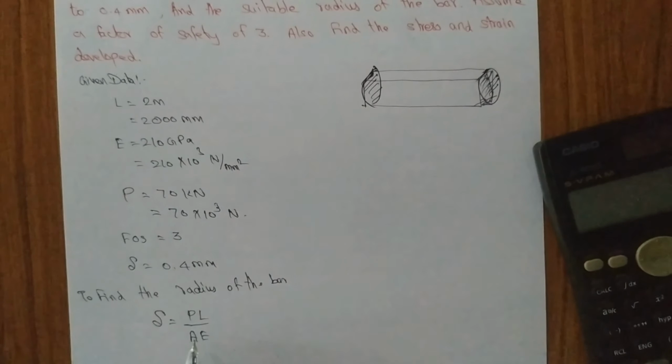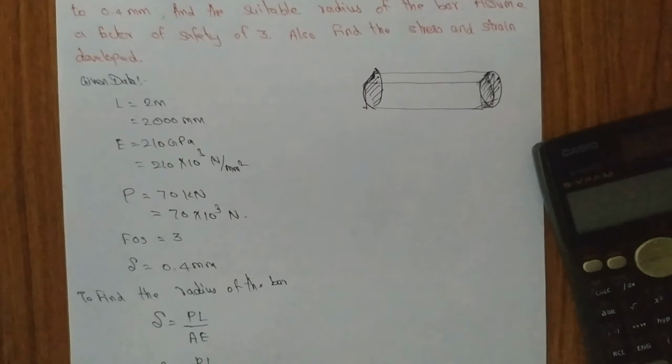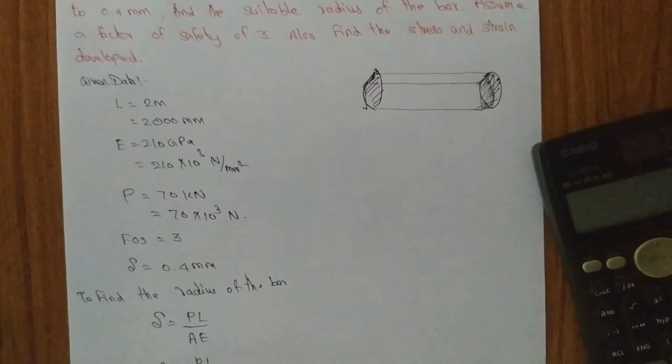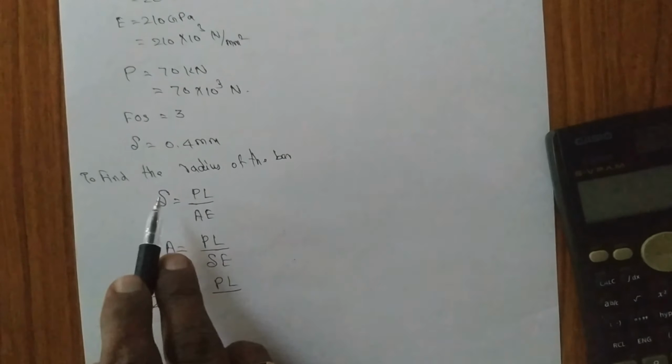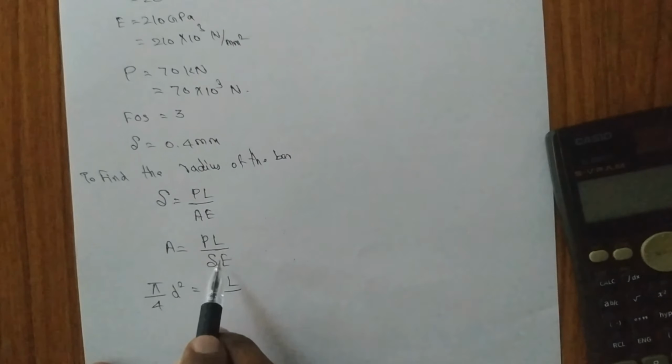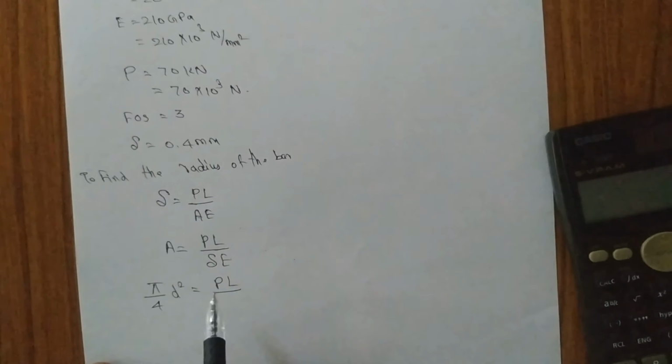So keeping A here, we have A equal to PL by delta into E. Area we can write as pi by 4 d square equal to PL by delta E.